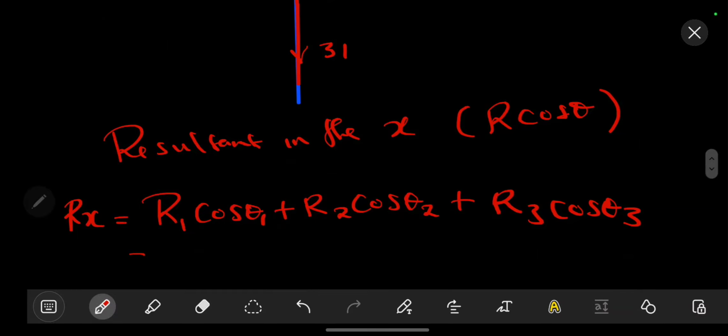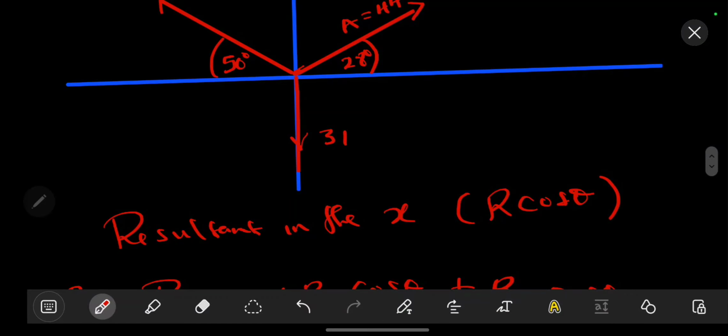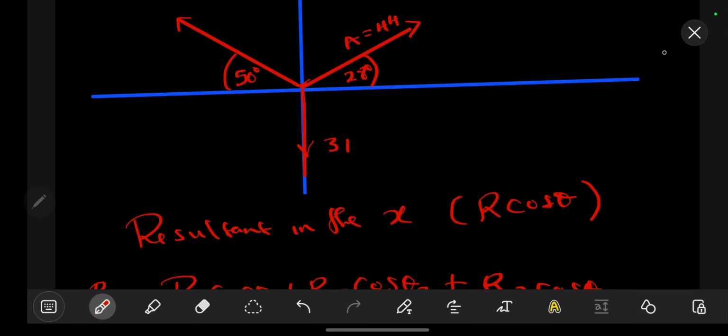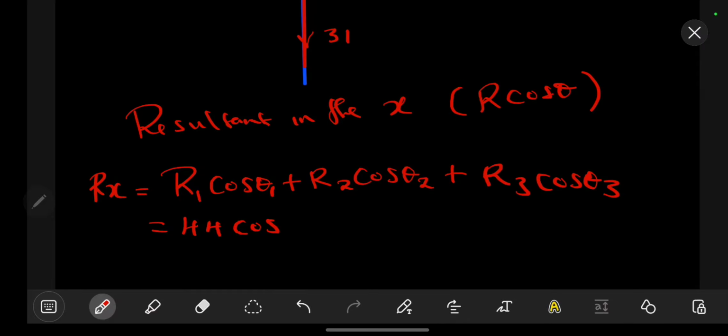So what is our R1? If you look at our R1 from the diagram, it is equal to this one, which is for our A, which is 44. Then we say 44 times the cosine of the angle. What's our angle?